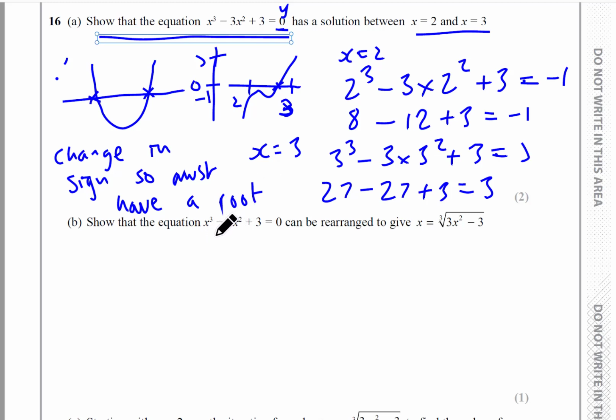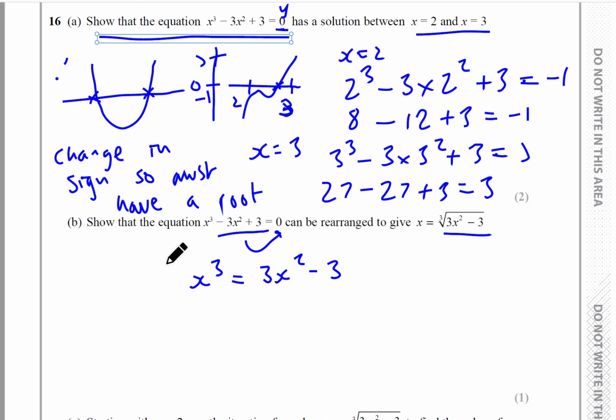It's just substitution. Now B says show that the equation x cubed minus 3x squared plus 3 equals 0 can be rearranged to make x equals 3x squared minus 3 all cube rooted. So we want to keep this the same but bring it to this side here. If we add the 3x squared and subtract the 3, we get x cubed equals 3x squared minus 3.